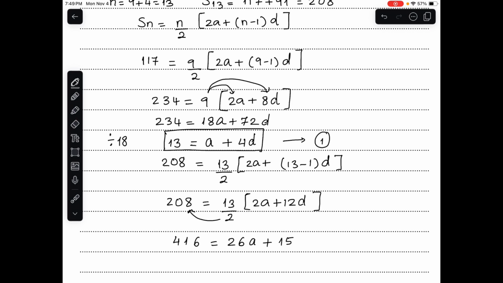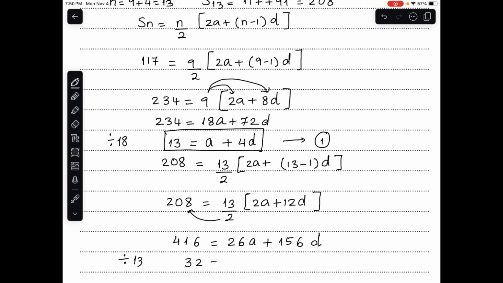I'm going to check for divisibility by 13, because 26 is in the times table of 13. So 416 divided by 13 gives me 32.